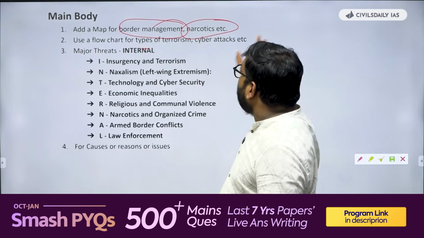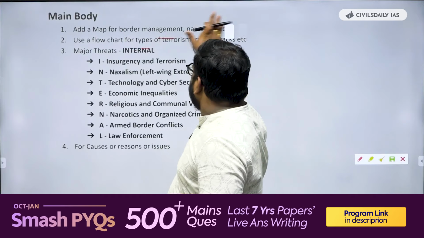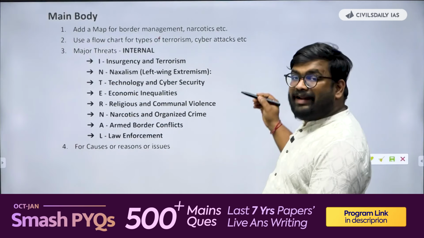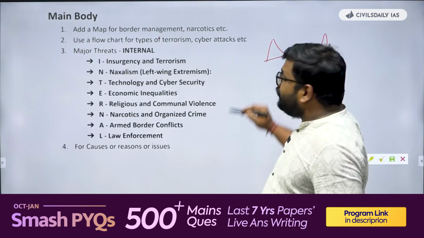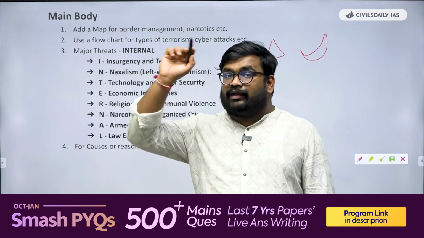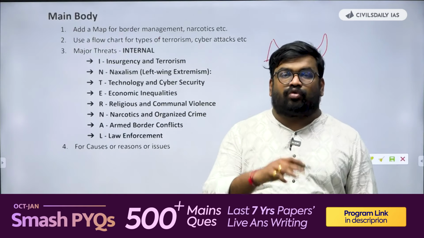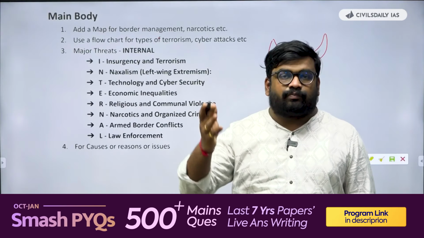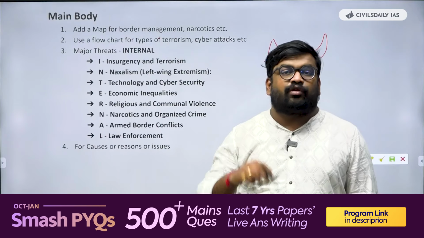For example, if you are drawing the map with respect to narcotics, you have to ensure that you are showing both the Golden Triangle and Golden Crescent, mentioning the countries, and also highlighting the route. Along with the Golden Crescent and Golden Triangle, there is one more route, which is through the Indian Ocean region. So you can highlight the marine route as well.